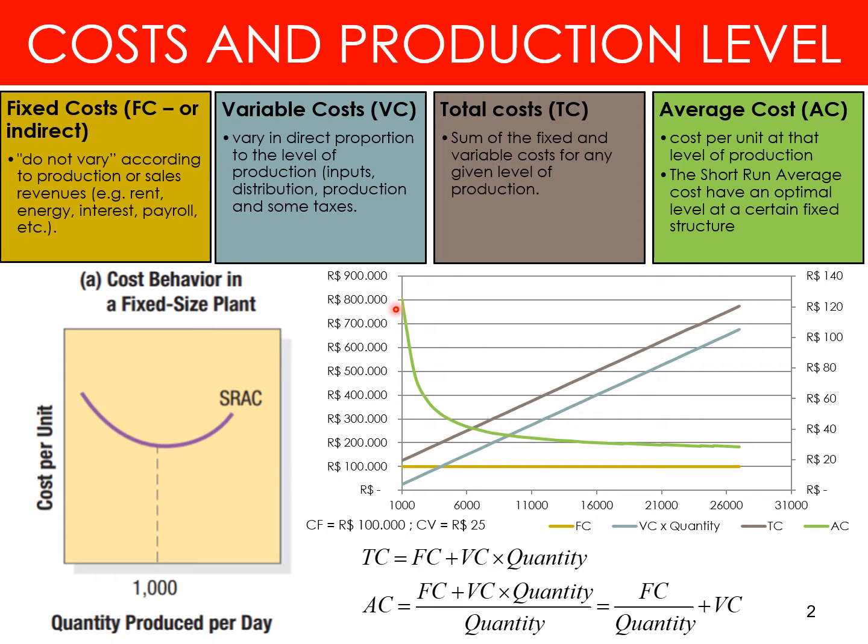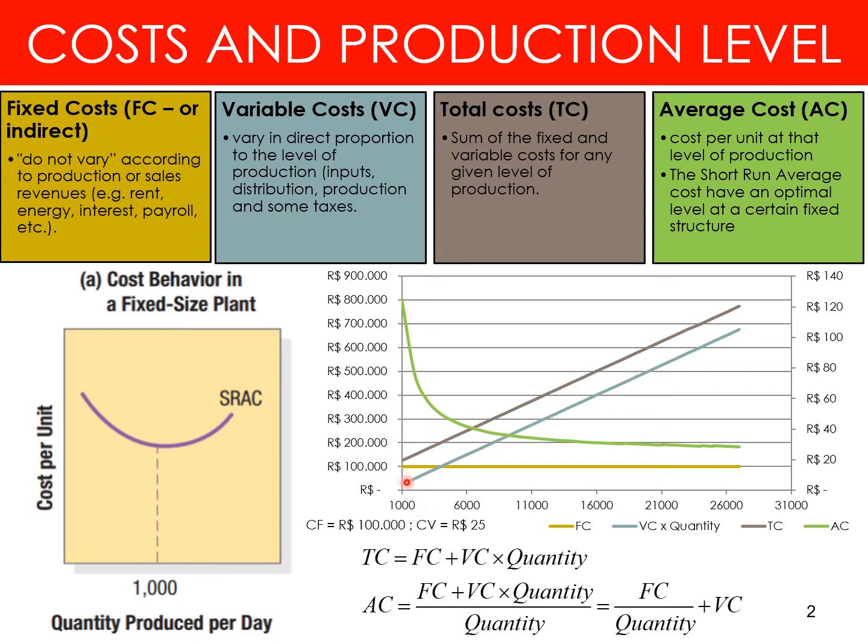Let's look in this scheme at how these different costs will affect the total cost of a business with one example. Suppose that I have a variable cost of 25 reais and my fixed cost is 100,000 reais. As you can see, our fixed cost is constant, independent of the number of units I'm going to produce.